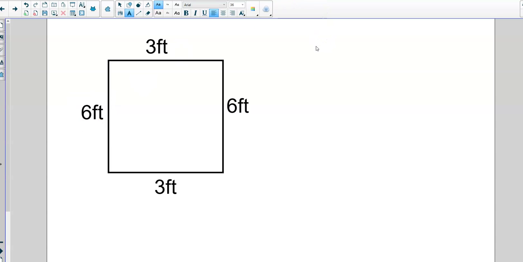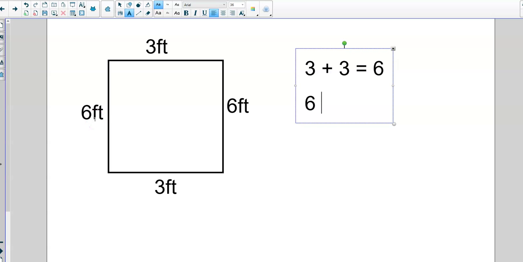So what is my first step? What two numbers do I want to add together first? First, I'm going to choose to add together my two 3's. So I know that 3 plus 3 equals 6. Next, I'm going to add together my two 6's. So I'm going to add 6 plus 6, and that equals 12.